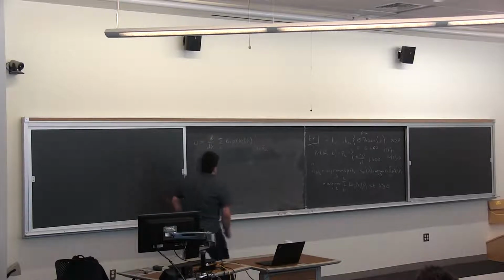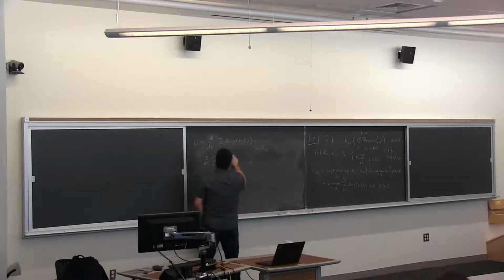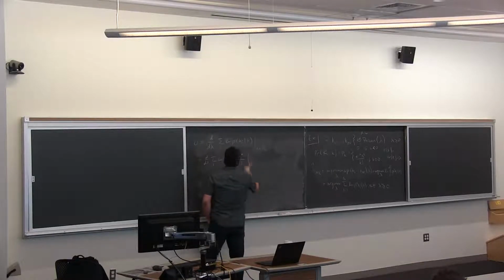Okay, so let's plug in here the expression for the Poisson distribution, lambda to the k_i over k_i factorial, times e to the negative lambda.